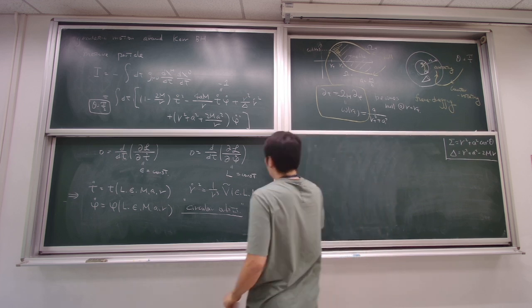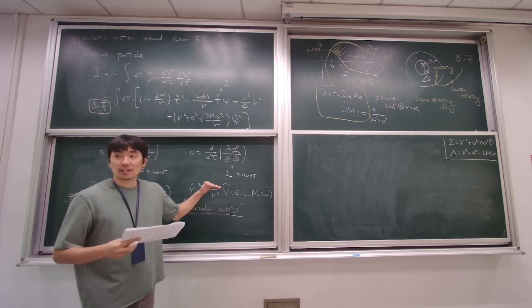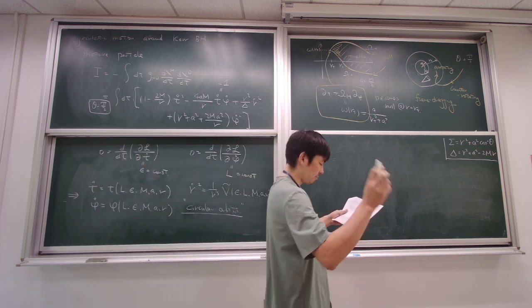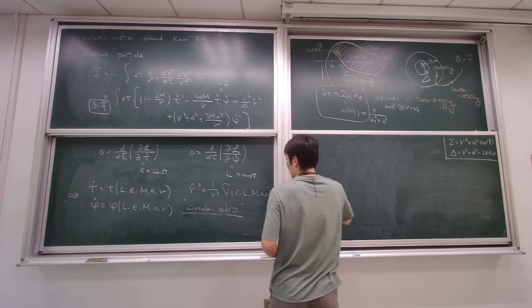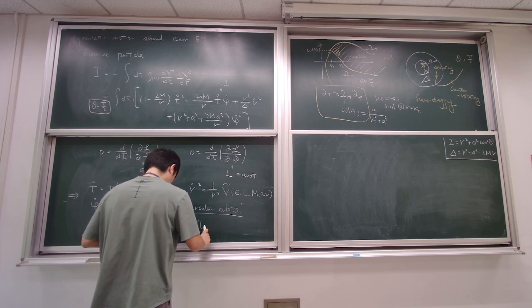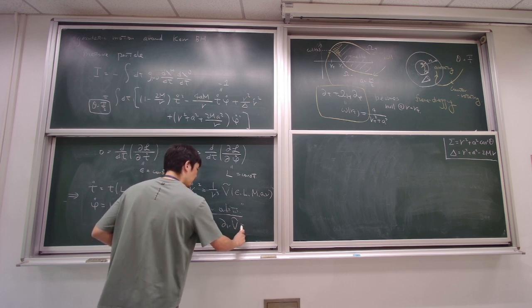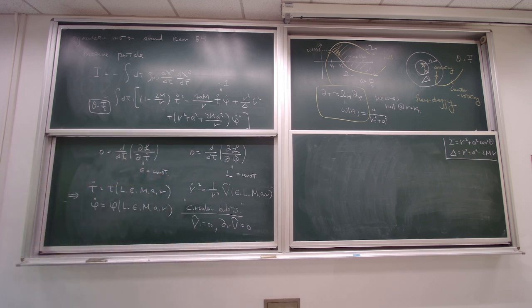The B tilde function is written in the lecture notes; I'm not going to write it down, it's a lengthy expression. But the circular orbit can be obtained by B tilde equals 0 and the r-derivative of B tilde equals 0. So you have to solve this equation.